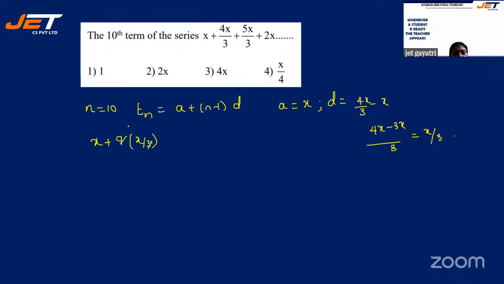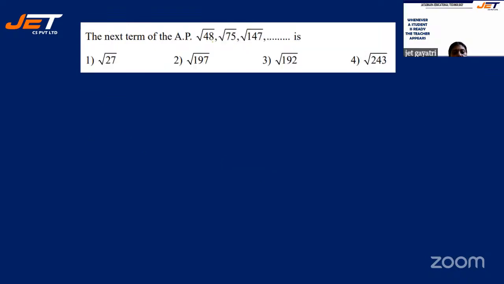So 3 ones are 3, 3 threes are 9. So it is x plus 3x, which is 4x. So your answer must be option 3, 4x. Okay, all right.